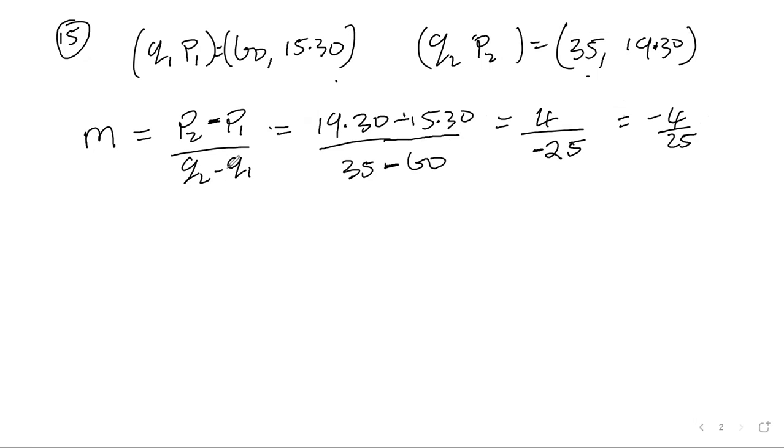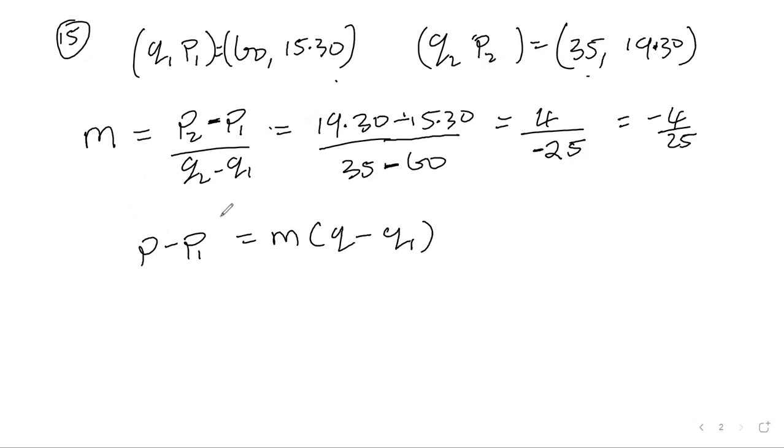Then we use our point-slope form to find the equation of the straight line, or the linear demand function. So our function is going to be P minus P1 equals m times (Q minus Q1).